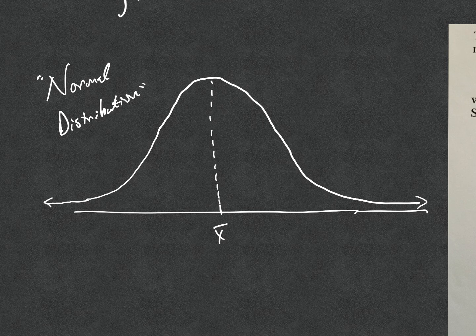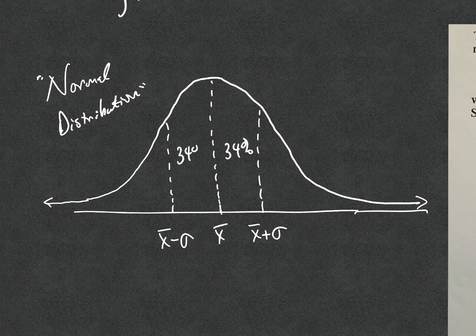And then we have these things that we learned about in algebra called standard deviations. If you don't remember the notation, it's no big deal. Don't worry about it. But they were called standard deviations. And what we learned was that when you're within one standard deviation of the average, 34% on either side of the data values will be within one standard deviation.